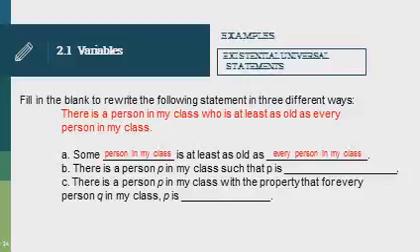Okay, next. There is a person P in my class such that P is at least as old as every person in my class.